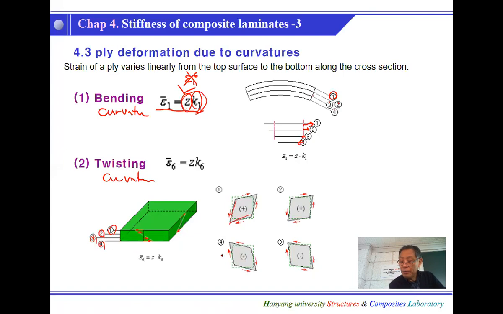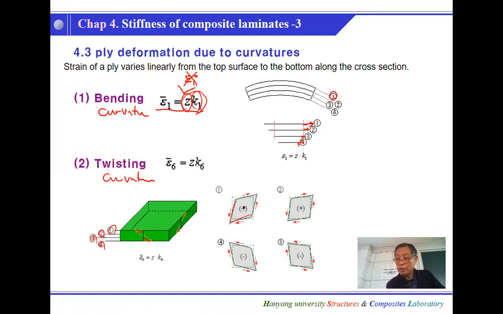At the bottom, you have quite a negative strain. So bending is relatively easy to understand, plus reduced to minus, but shear, same story.